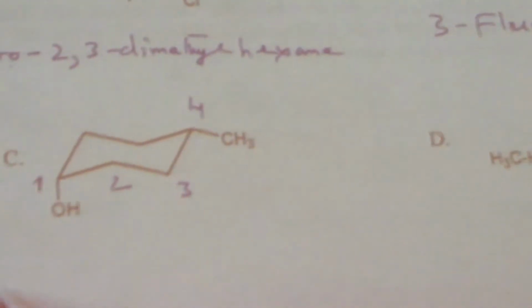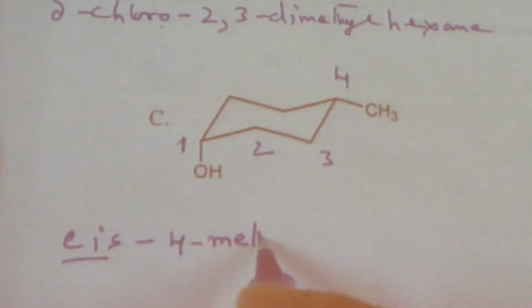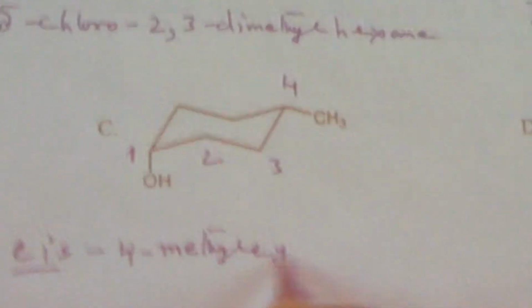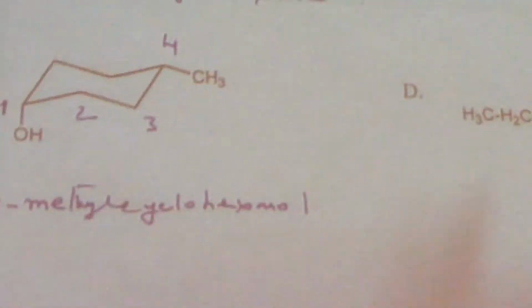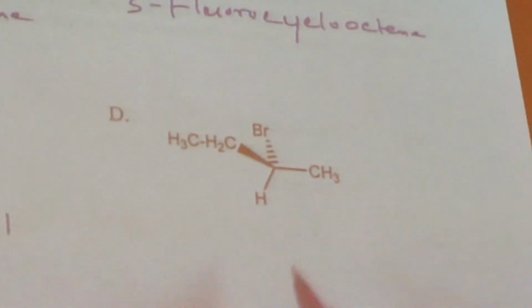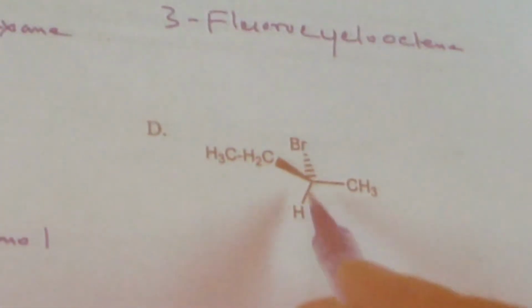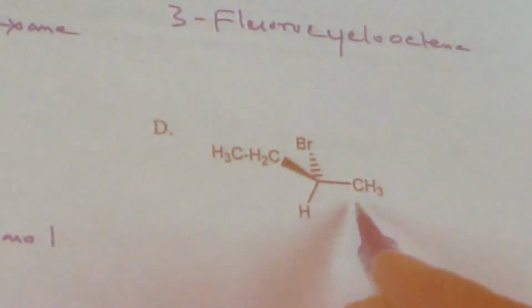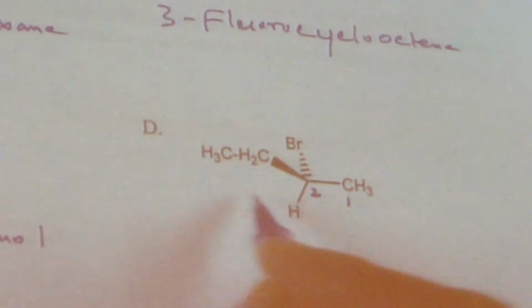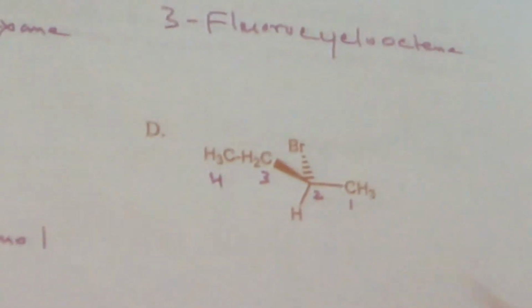So it says 4-methylcyclohexanol. And in this case, this is 1, 2, 3, and 4.